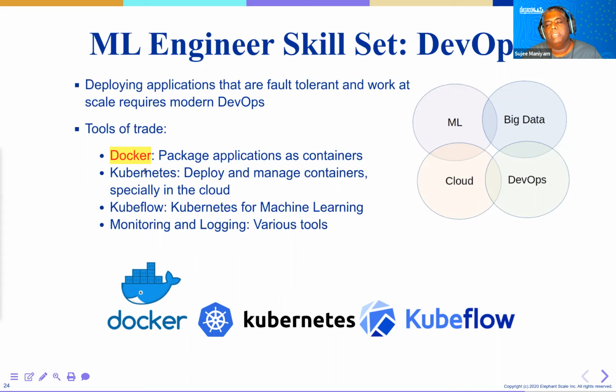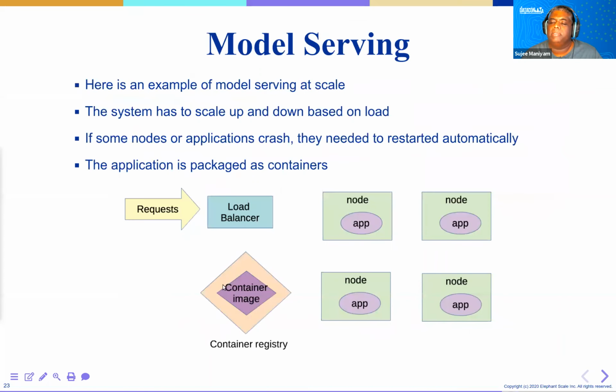Now, Kubernetes basically takes a Docker container and runs or deploys it on the cloud. So let's say you have a Docker container like you saw before. Let me go back here. Let's say you put in a container and say, okay, I want 4 copies of this container running. Kubernetes will run this for you. And for example, if one of the machines dies, it'll start up another one.